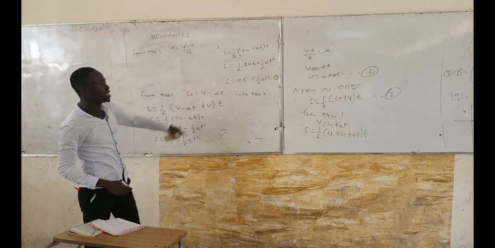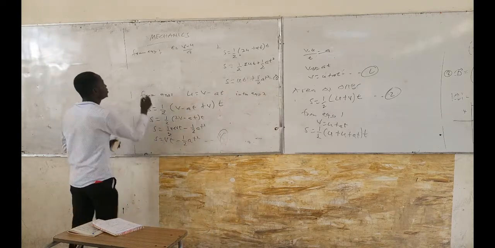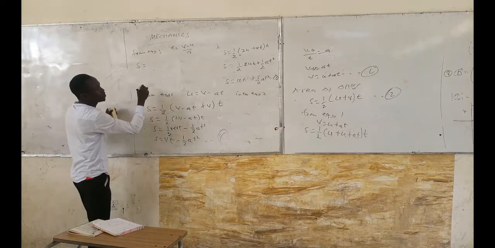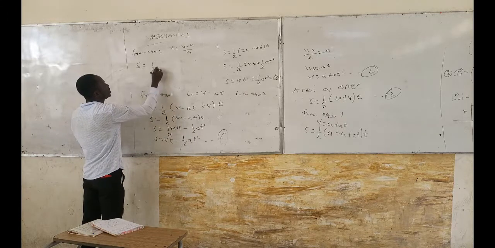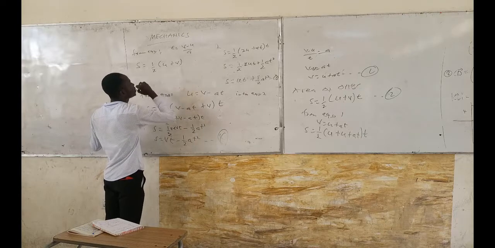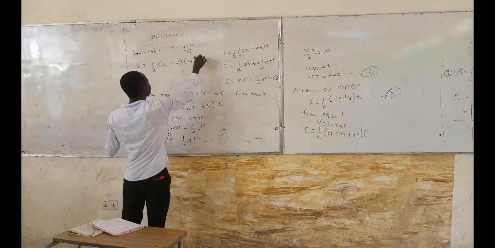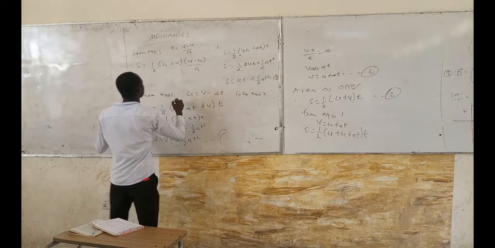So if you are substituting it into this particular equation, then it will be S equals half of (U plus V) times (V minus U) over a.